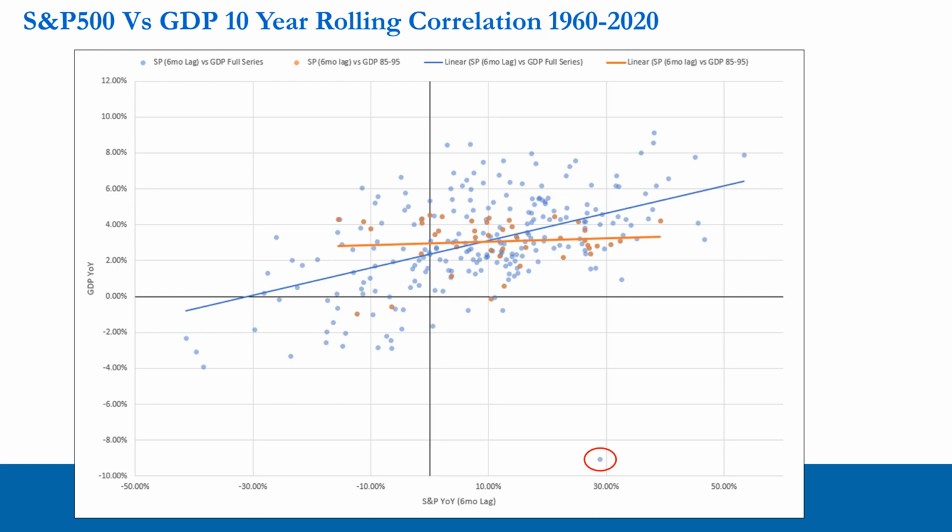So when we look at outliers and when we look at moments in history where correlation has collapsed and been very low between S&P 500 returns and quarterly GDP, we look for explanations, and there are some pretty obvious explanations.